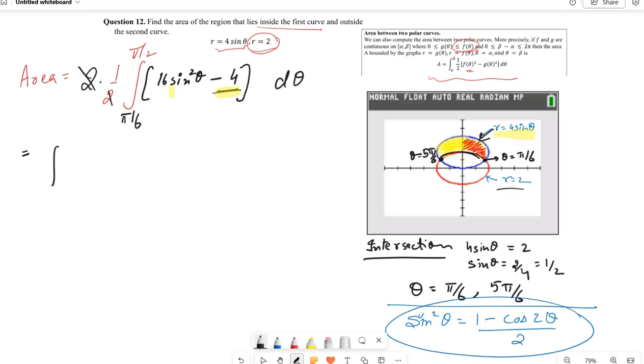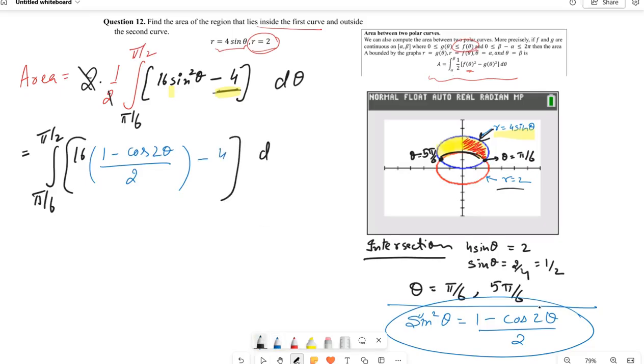So let's write the integral from, I keep writing 0, it's not 0, pi by 6 to pi by 2, of 16 times, in place of sine squared theta, (1 minus cosine 2 theta) by 2, minus 4, d theta.